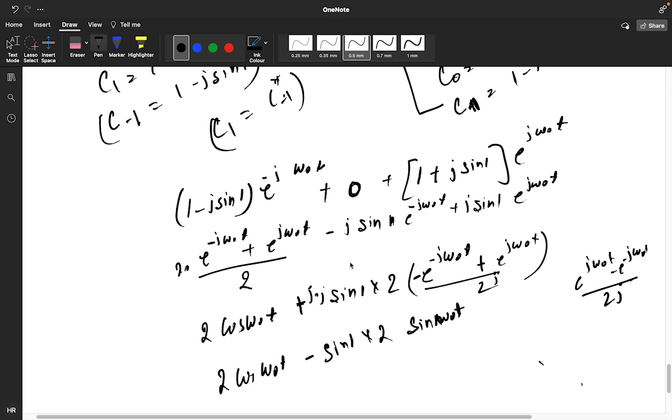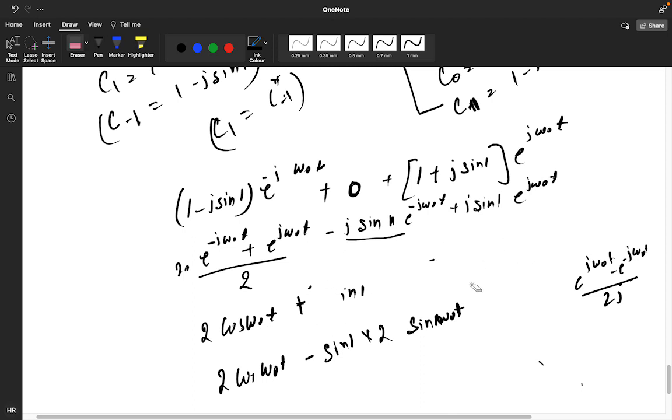Then if we take j sine 1 common, correct, e power, then j we had divided and multiplied on the upper side. Okay, just try, this part is not coming correctly.